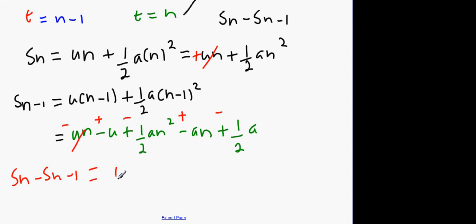So it's going to be u, plus an squared cancels with minus an squared. Minus a plus an is behind u, and minus a half a, and that is what we're asked to prove. We're asked to prove that the distance travelled in the nth second is given by S of n minus S of n minus 1, and this is the answer for that.